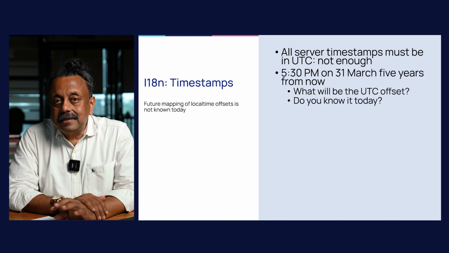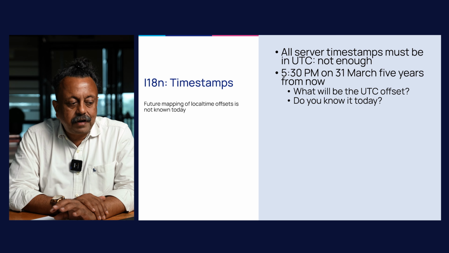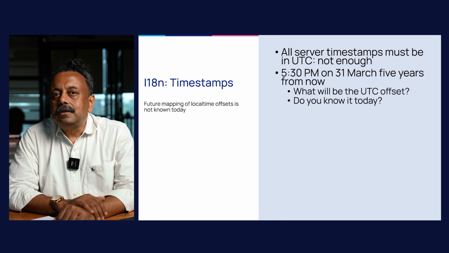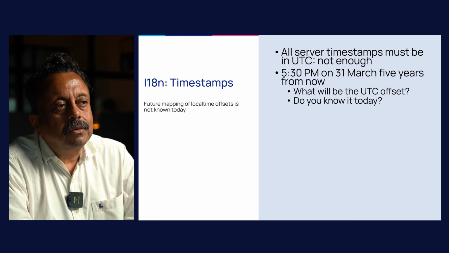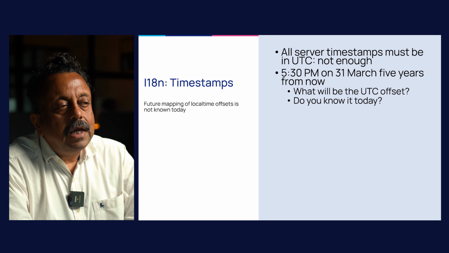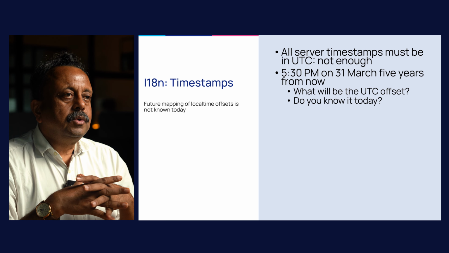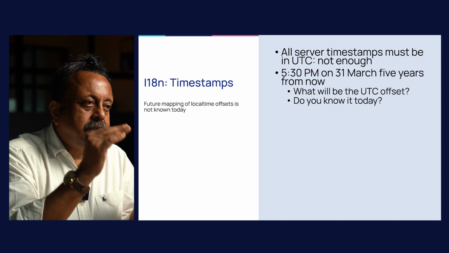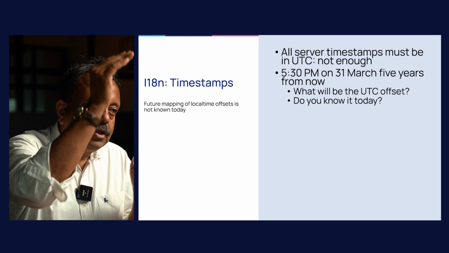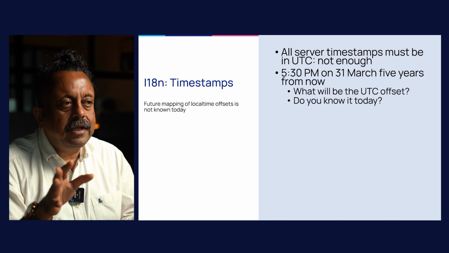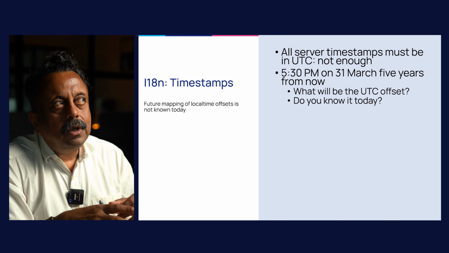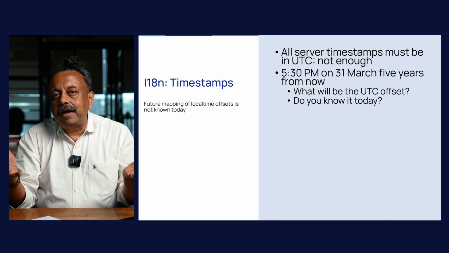Look at this hypothetical situation: 5:30 p.m. on 31st March, 5 years from now. If somebody asks you what will be the UTC value for 5:30 p.m. 31st March, New York City, you can give it without any error. There is no ambiguity. There are no 5 ways to calculate 5 different values.